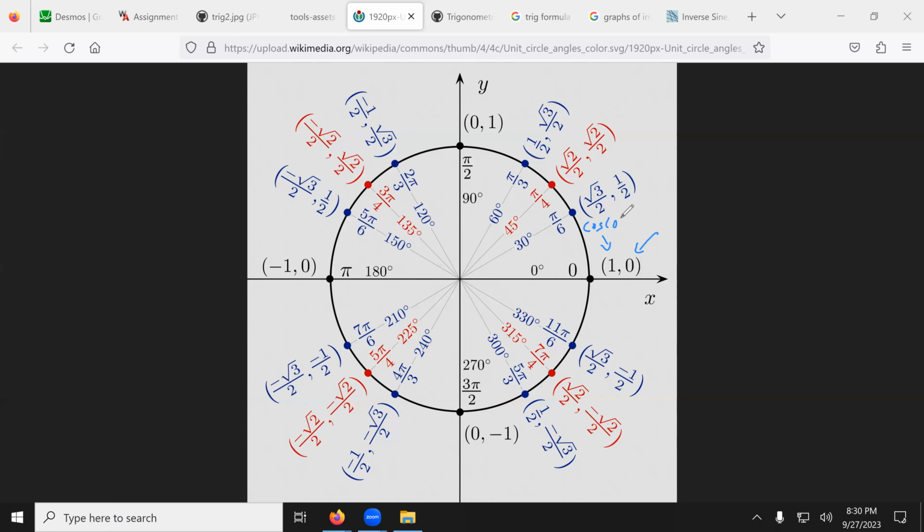This over here is sine of 0. So the output is 0, the output is 1. So over here, this one, that output is cosine of pi over 6. But we're all familiar on how to read the circle, correct?